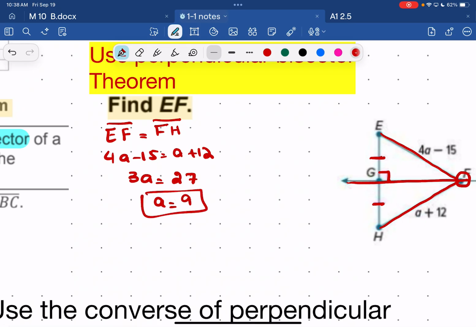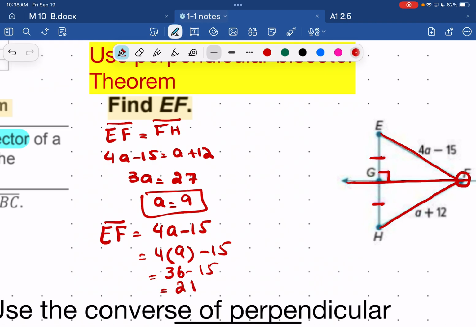Question done? Why not? Oh, we have to find EF, right? So to find EF, we write EF is equal to 4A minus 15. That is 4 times 9 minus 15. That would be 21. So we get the length of EF is equal to 21 what? Units. All good?